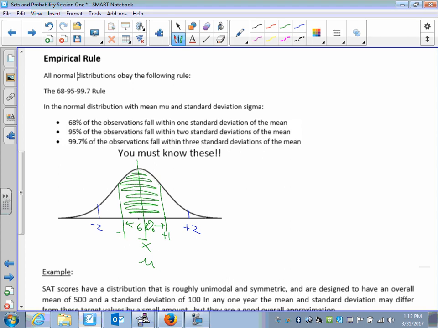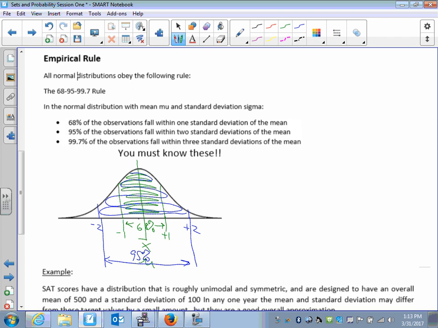Now, if we went plus and minus 2 standard deviations, then this would be the area that would be covered. And the area between plus or minus 2 standard deviations would be 95%. So the area under the curve between those two vertical blue lines is 0.95.